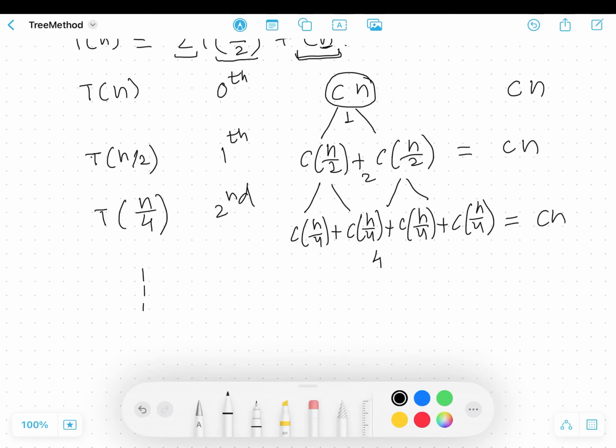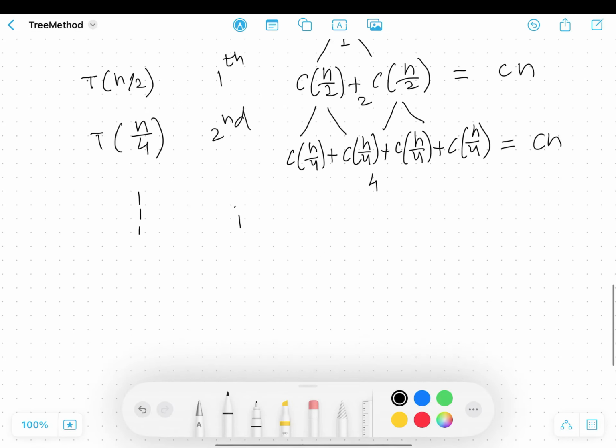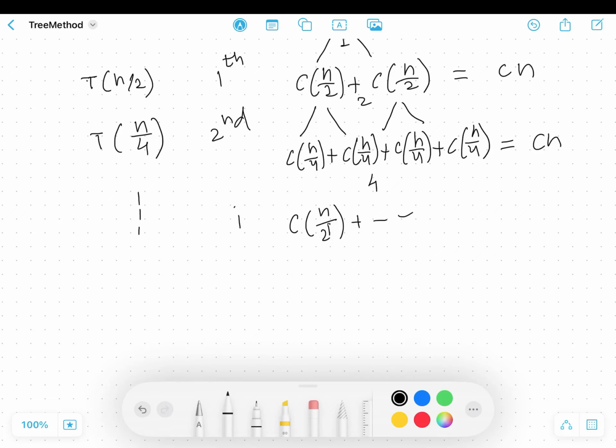Going like this at the ith level, which means we keep dividing the problem until the problem size is 1. If we generalize, we will get n upon 2 raised to the power i, and the sum will be Cn.